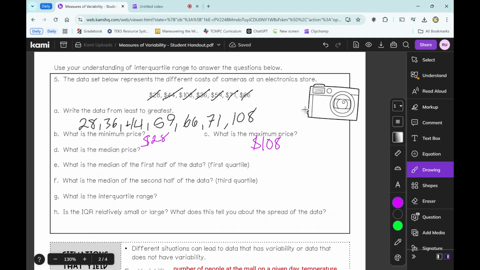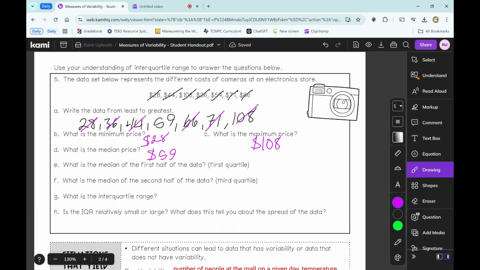So remember, to find median, we actually are going to take data from the front and the back until we run out. So here, I'm scratching off from both sides. So the median price is actually $59. Now here's where it gets a little bit different.